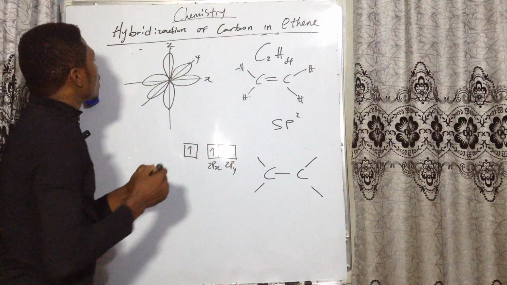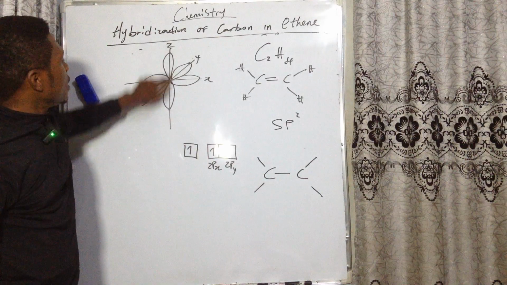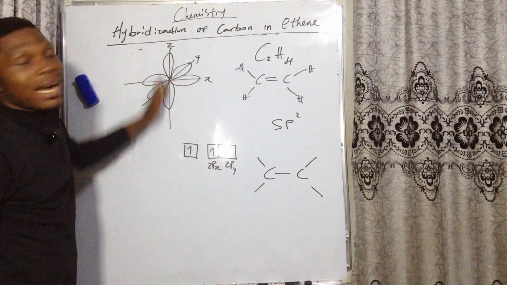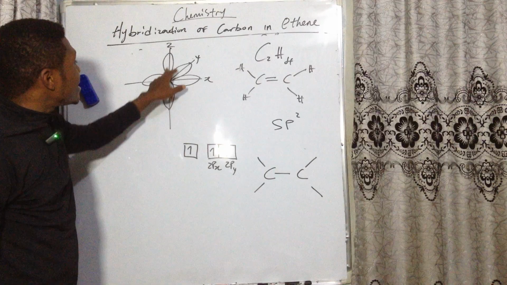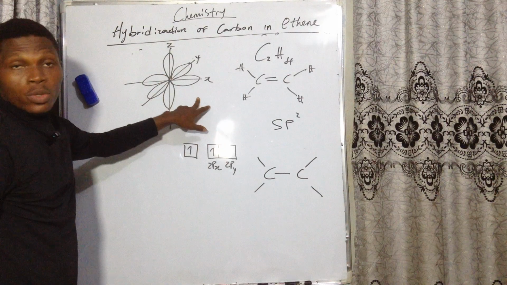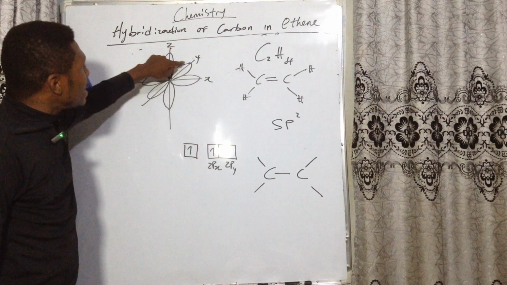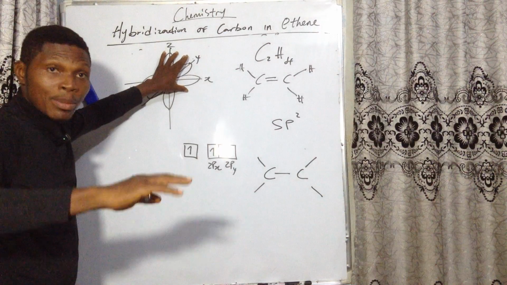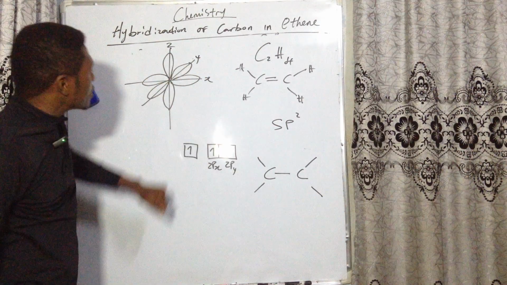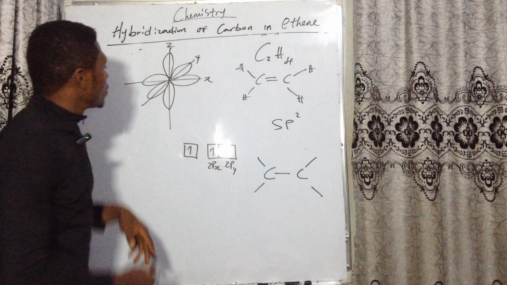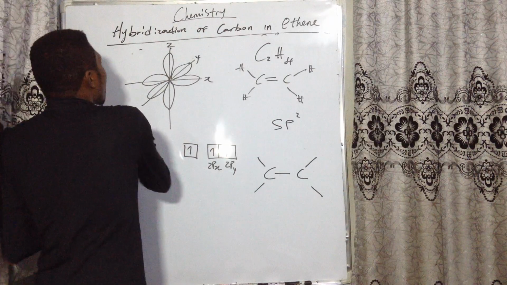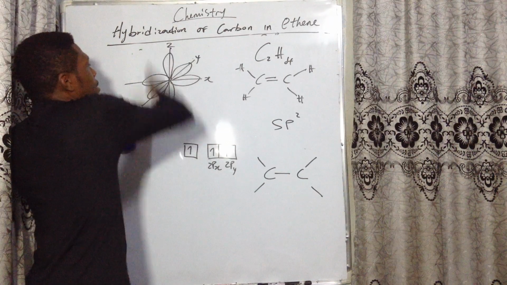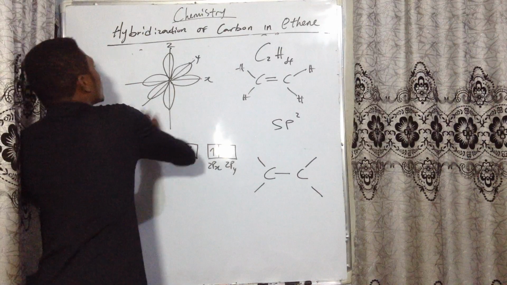Now, when you watch pz orbital, you find out that it is along this axis, which is 90 degrees to these other ones. Okay, you see that these other ones lie in a 2-dimensional plane. Yes. So now, what I will do is draw only this pz orbital.